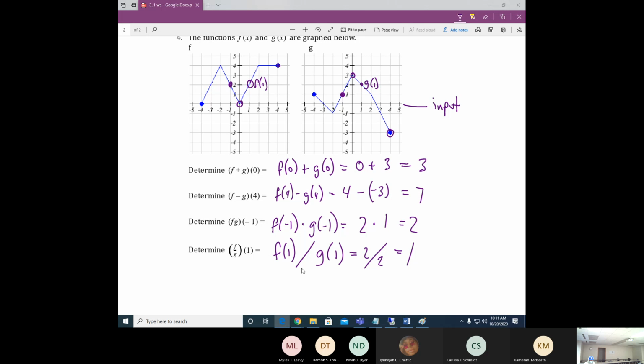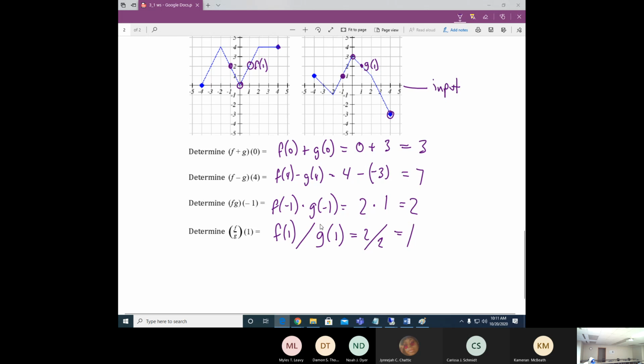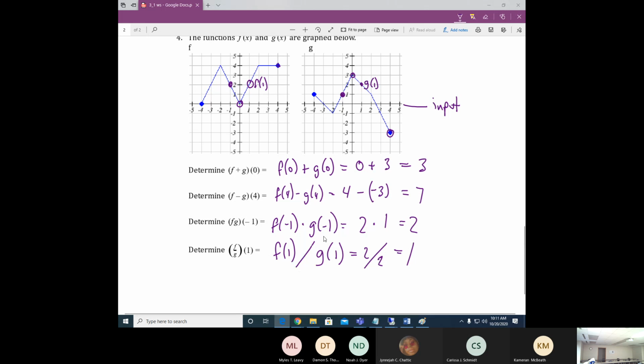Just giving you practice at evaluating the combination of F and G. Now think of this practically, the whole reason we're doing this is we may have a complicated function. We know F and G, and we discover something else about the data. That when I divide the data, I'm getting something different in terms of the physics or in terms of the actual word problem.